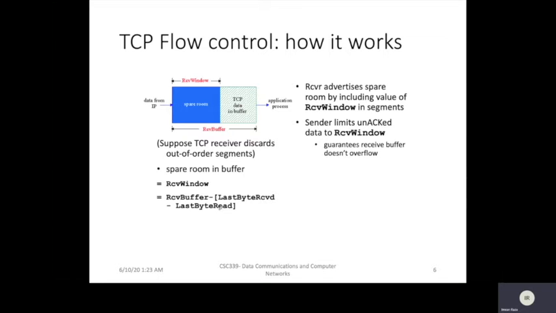The last byte read is the number of the last byte in the data stream read from the buffer by the application, and the last byte received is the last byte in the data stream that has arrived from the network and has been placed in the receive buffer at the destination, or machine B.